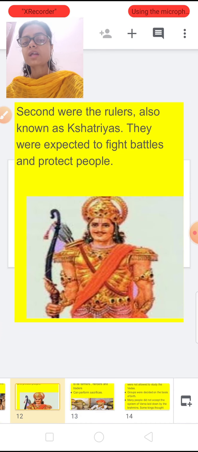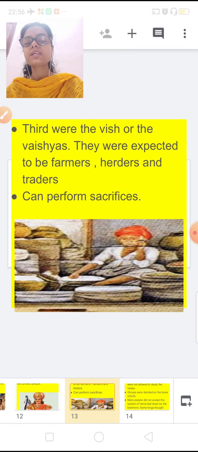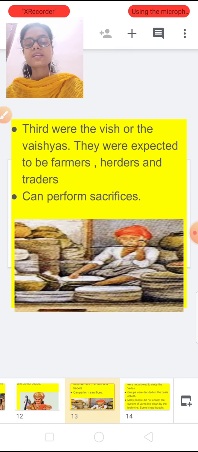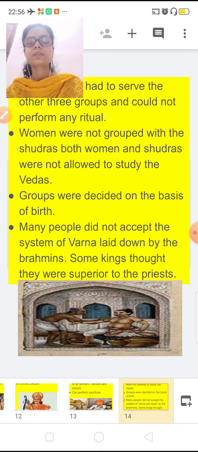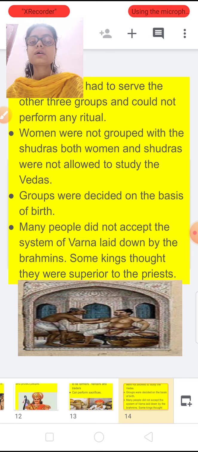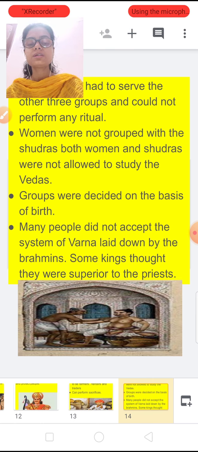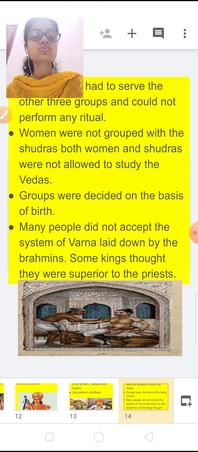Everybody knows that Raja means Kshatriyas, and even the Vaishya can perform sacrifice. But Shudras, the last, had to serve the other 3 groups. You can see in the picture that one is helping the other.